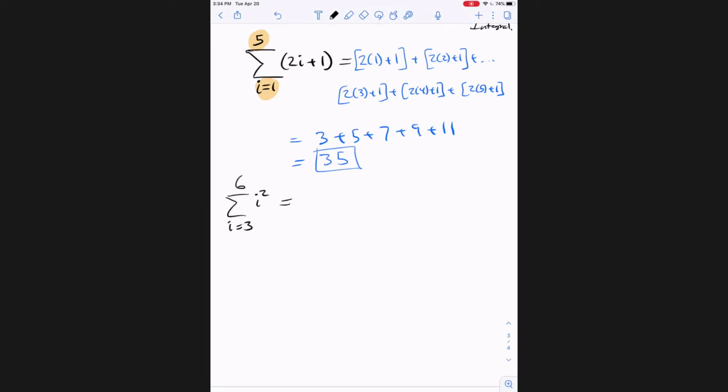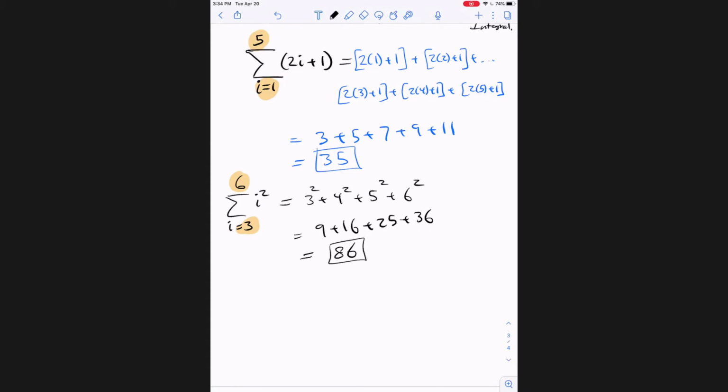That means 3 squared plus 4 squared plus 5 squared plus 6 squared. Why did I stop at 6? Because that's the number up here. Why did I start at 3? Because that's the number there. So you just do the calculation: 9 plus 16 plus 25 plus 36. The answer is 86.